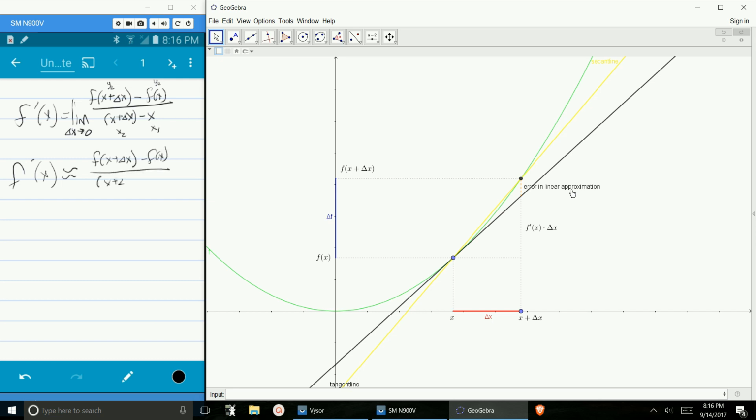Right, if we're not taking the limit, and you can see that all I get down here is delta x once I cancel my x's. So this holds because delta x is presumed to be relatively small.